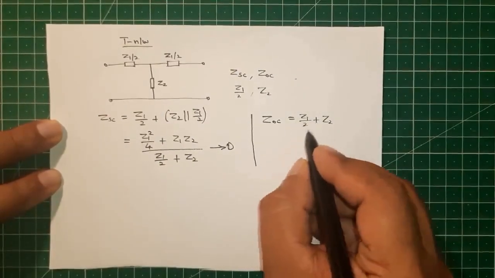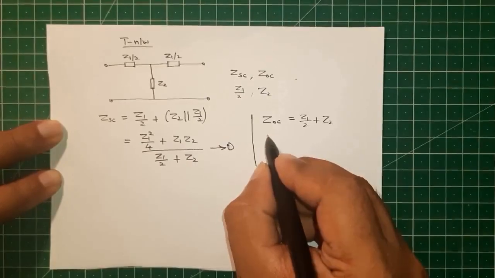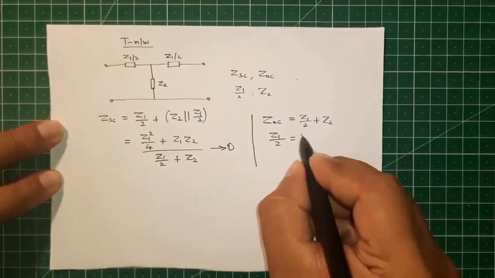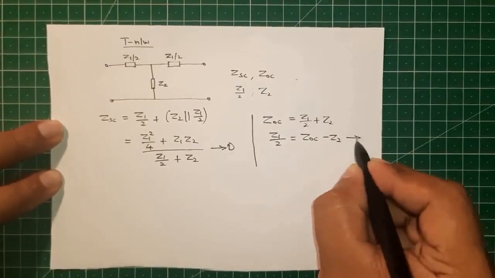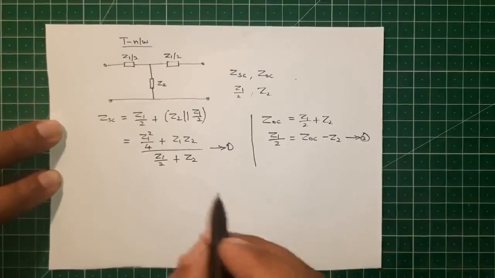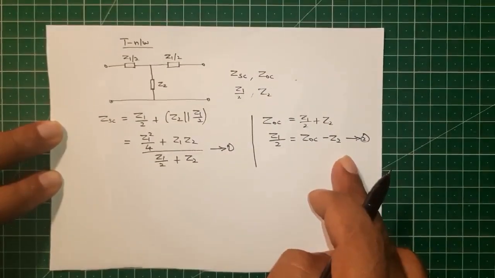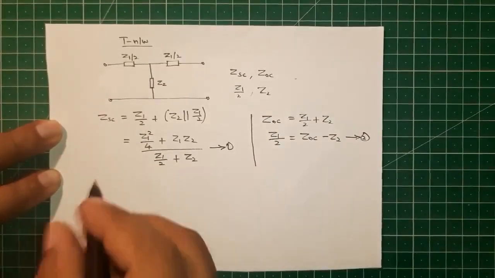So we will try to eliminate Z1 by 2 from this by writing Z1 by 2 is equal to ZOC minus Z2. Equation 2. Now we'll substitute this expression for Z1 by 2 here.